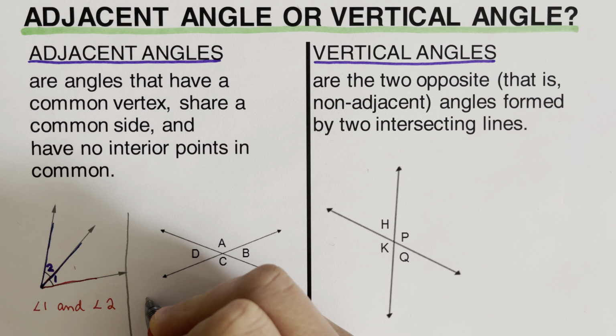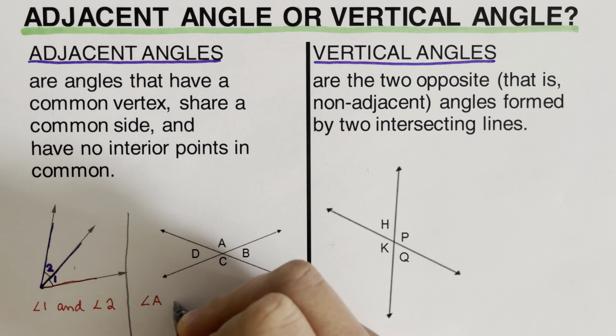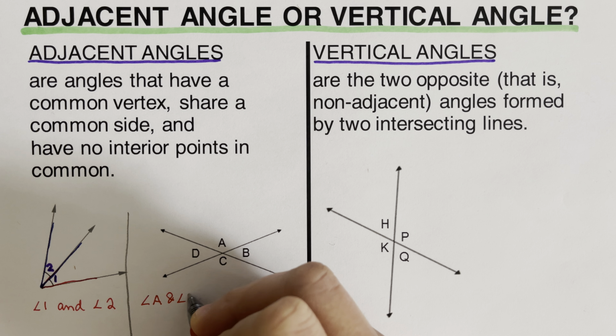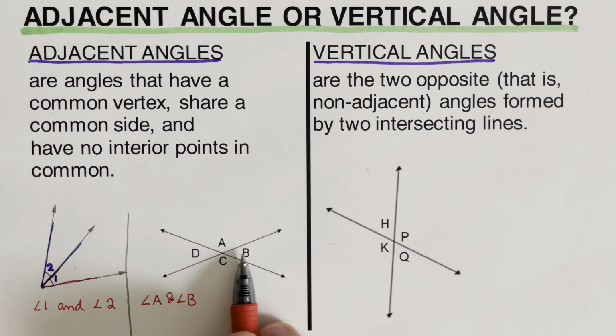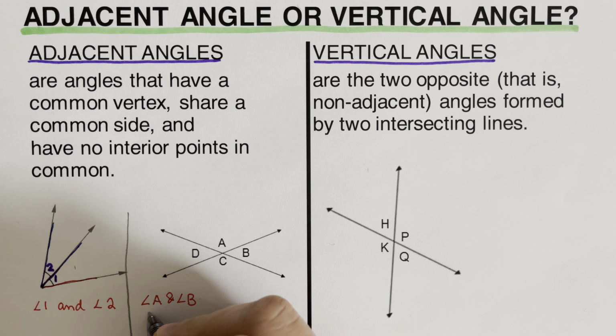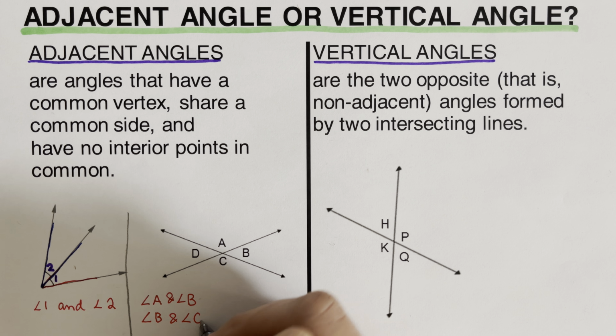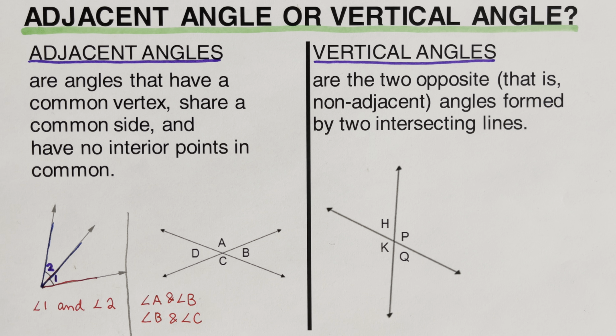So angle A and angle B are adjacent angles. And angle B and angle C are also adjacent angles. At this time, I'd like you to look at the picture and look for two more adjacent angles.